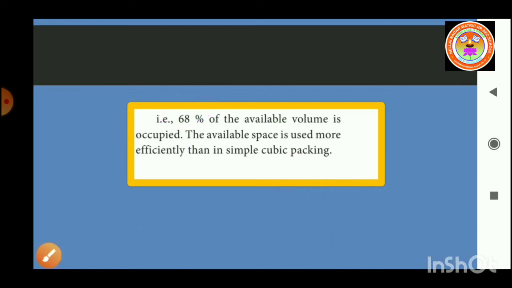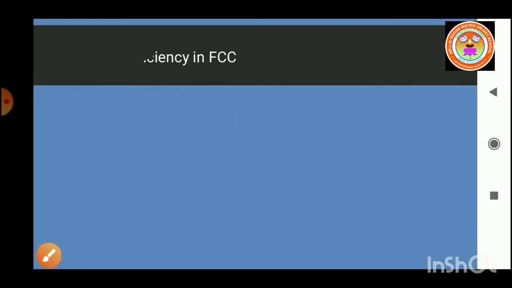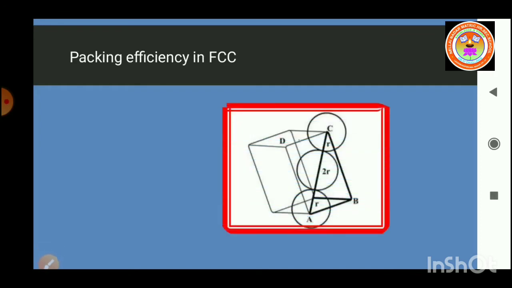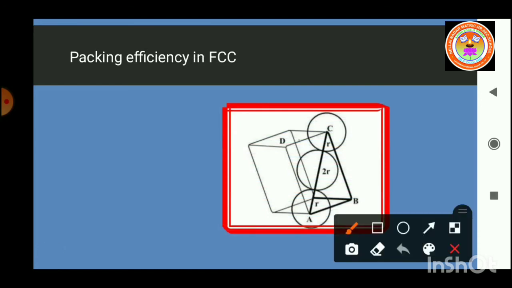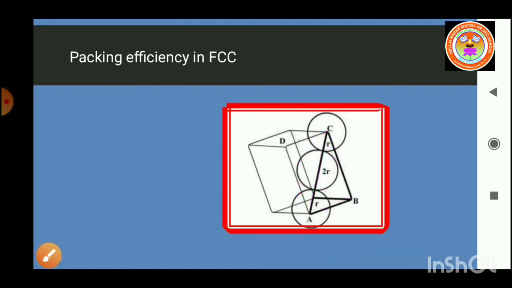Now clear how to calculate the vacant space in the BCC unit cell. The next one is packing efficiency in the FCC unit cell. This is a diagram of the FCC unit cell. Here the triangle is A, B and C. See here, radius R, 2R plus R, so it becomes 4R. In triangle ABC, AC squared is equal to AB squared plus BC squared, so AC is equal to the square root of AB squared plus BC squared.